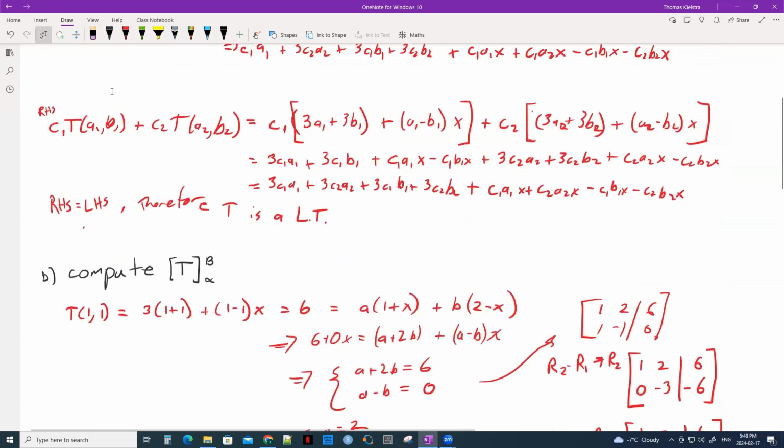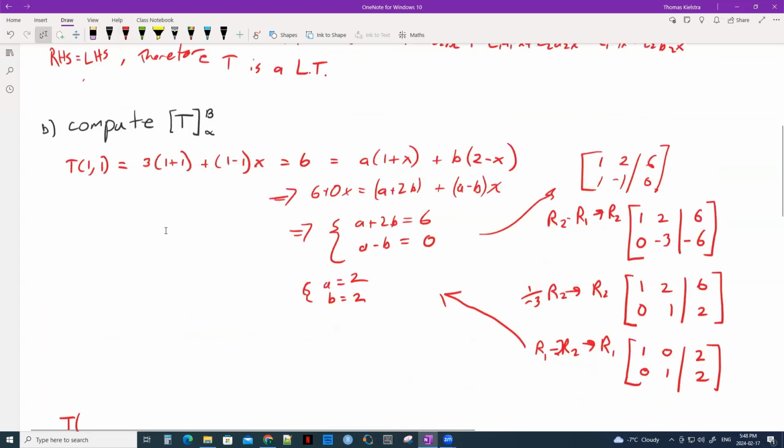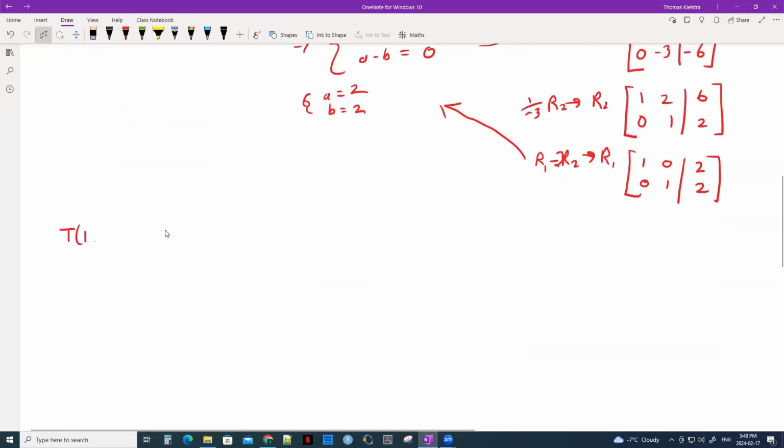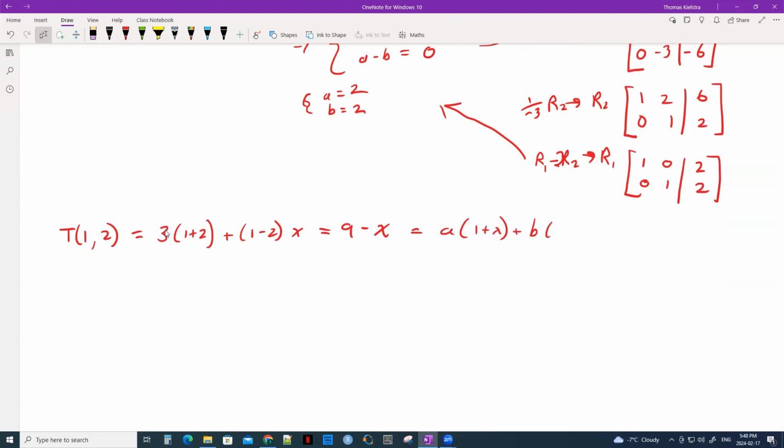So now we're going to look at our second basis vector, which is 1, 2. We're going to look at what happens to 1, 2 when we apply it to our equation. So we get 3 times 1 plus 2, plus 1 minus 2 times x, which equals 9 minus x. And we're setting this equal to a times 1 plus x plus b times 2 minus x.